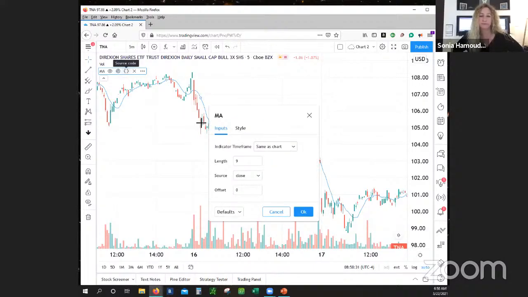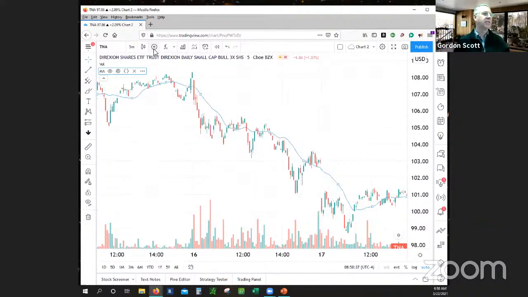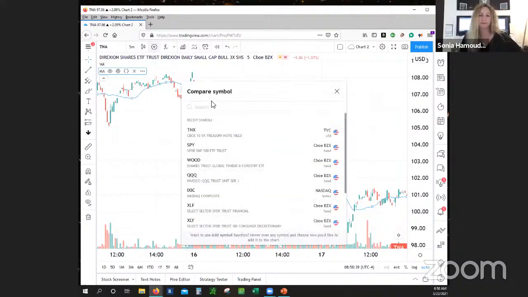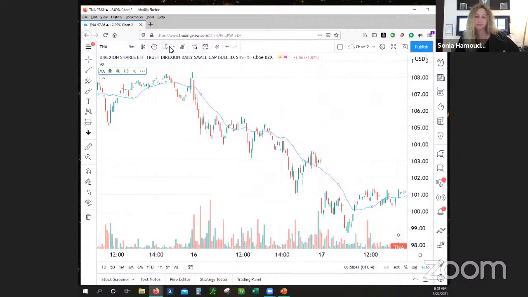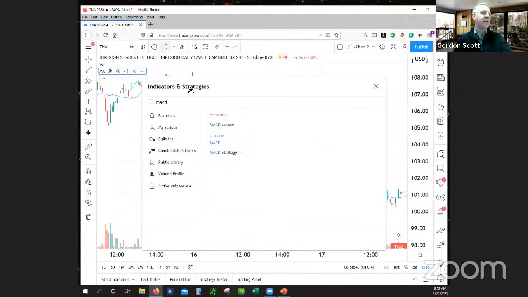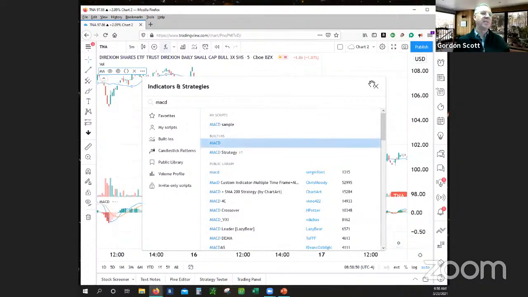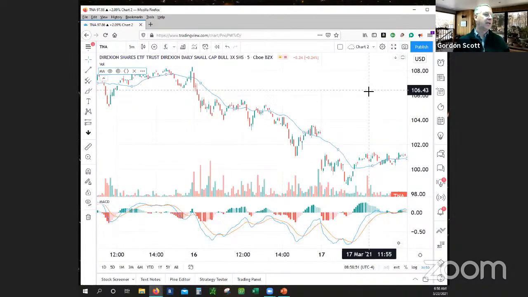MACD's at the bottom, okay. 12, 26? Yes. Oops, I keep hitting the wrong thing. MACD. The regular standard, okay. And what else? That's pretty much it.